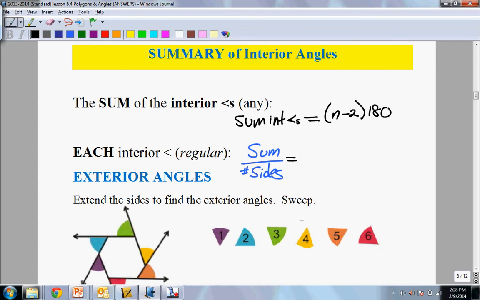Sum over sides. So specifically, n minus 2 times 180 over the number of sides, which is n. That's for a single, individual interior angle, and this only works if it's a regular shape. That's for interior.